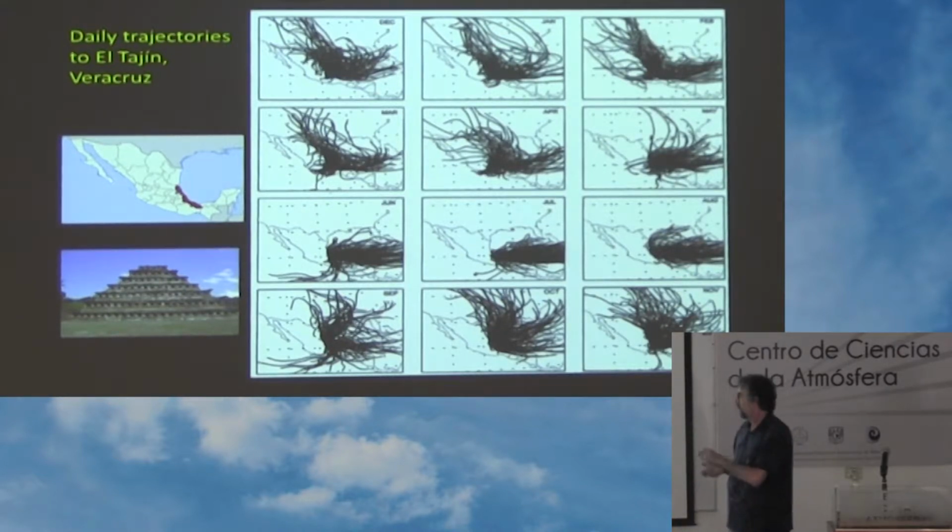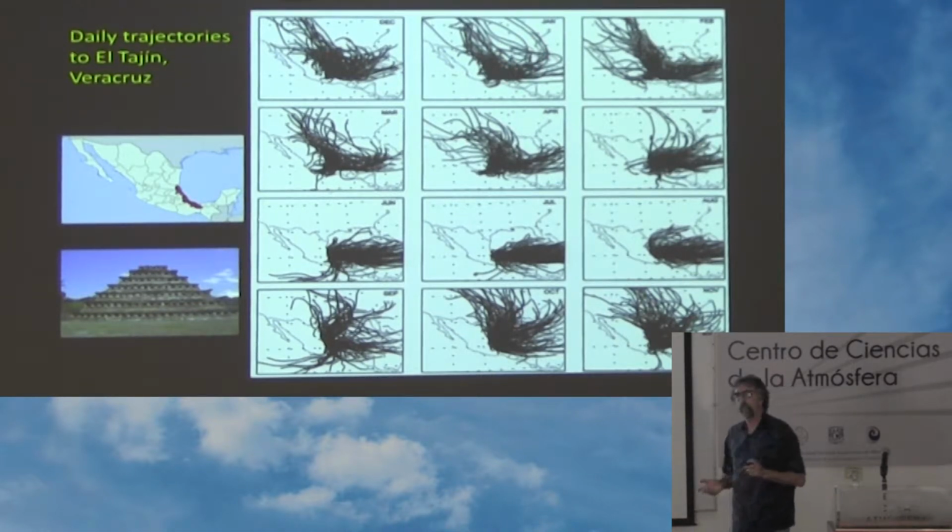So here what we did is, for a period of 5 years, we calculated one trajectory per day. And we are plotting them by month. So December, January, February, etc. So here you have 5 years worth of Decembers, 5 Decembers, one trajectory per day, 5 Januaries, etc.